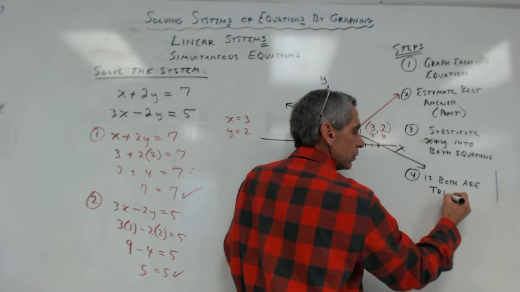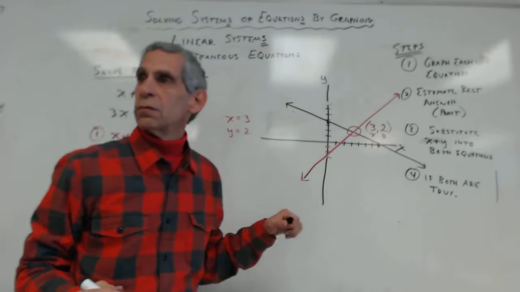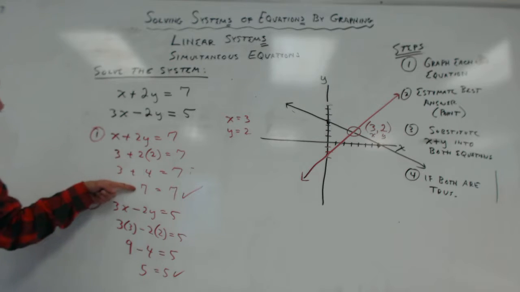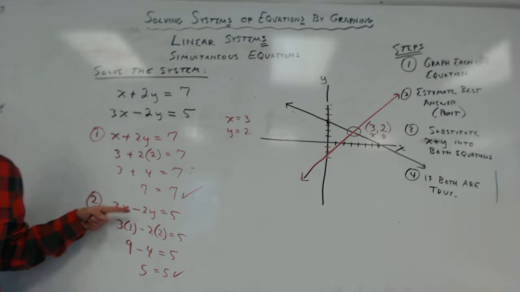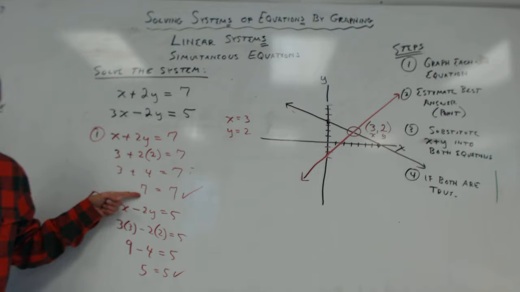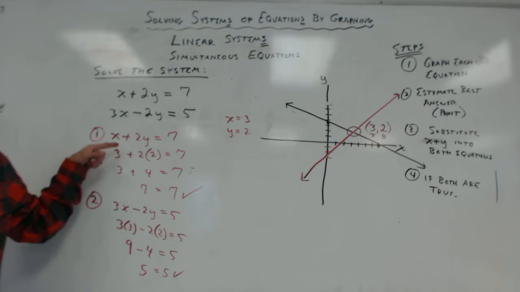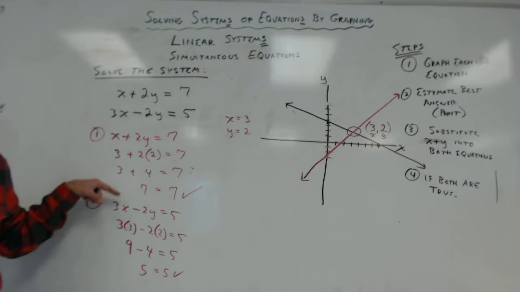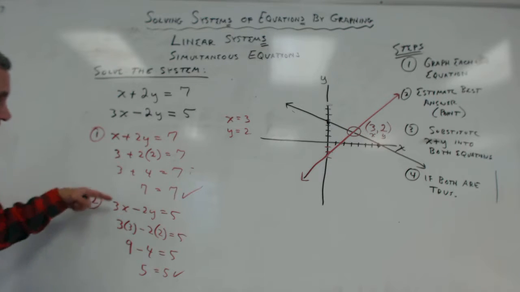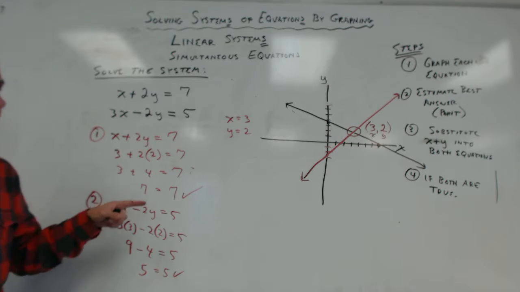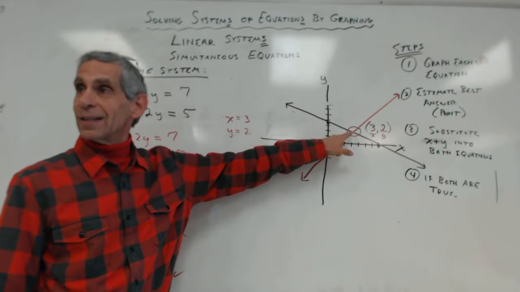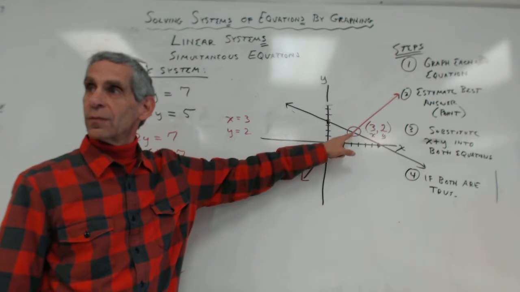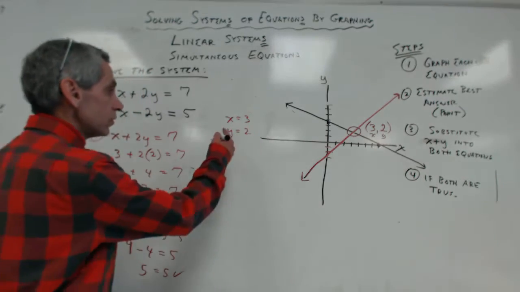Both are true, like 2 equals 2. See here? We got 7 equals 7. That's true. If it came out as 7 equals 13, then I know that point is not on this line. Does that make sense? When it says 7 equals 7, that point is on this line. It is a solution to this equation. If it's a solution to both equations, then it is the solution to the system.